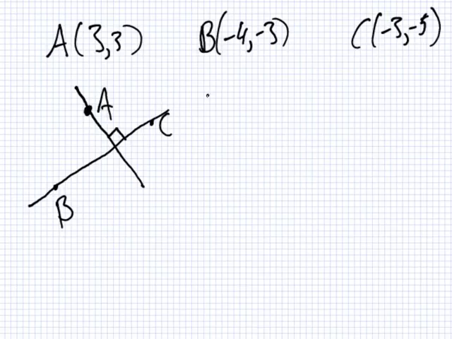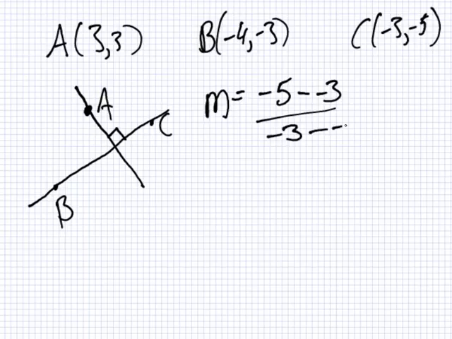So first I should find the slope of BC. What would that be? Minus 3. Yep. Minus 4. Great. So this will be minus 2 over 1. So minus 2. So then what's the slope of this line? 1 over 2.